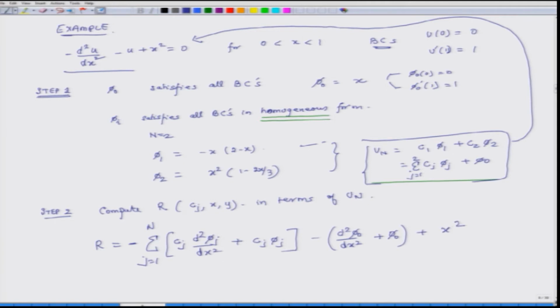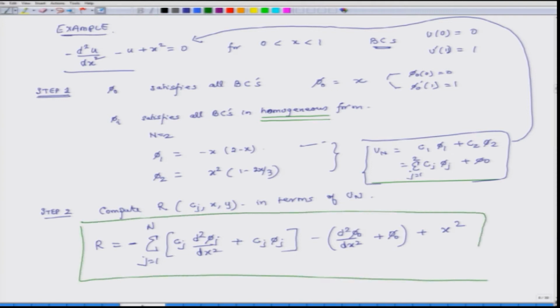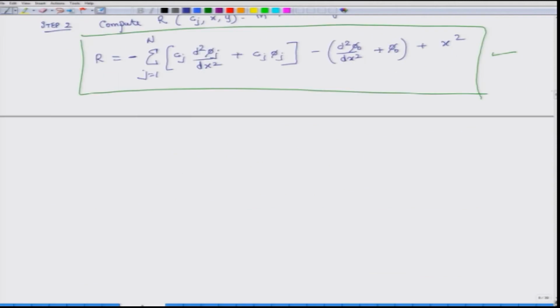This is my residue. One thing I wanted to correct here is that in this definition of u n there should have been a phi naught also, because in the second statement phi naught is already included there. So that is my definition of residue.